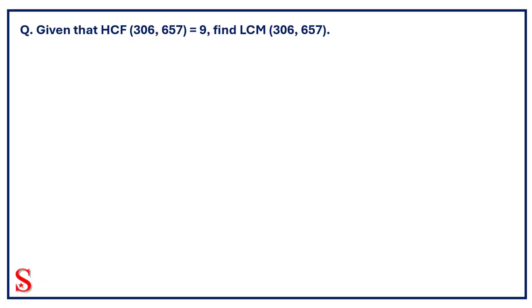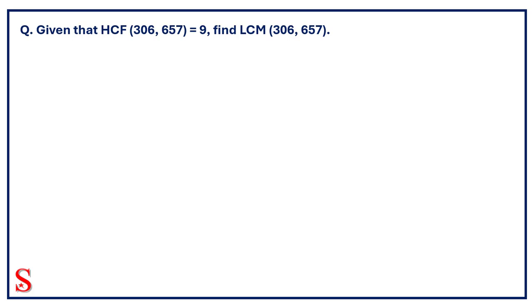The next question, given that HCF of 306 and 657 is 9. Find LCM. Now we are given the HCF and we have to find the LCM. In the above questions, what we have done, we have multiplied the numbers, right?